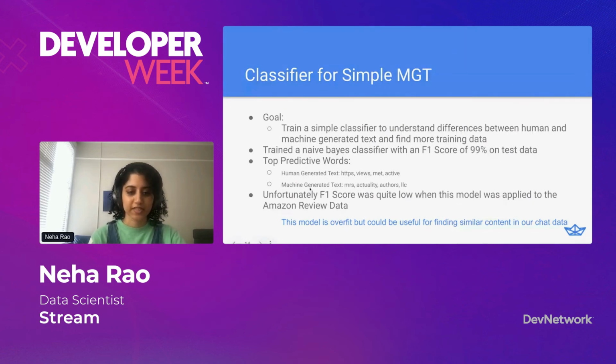For machine-generated text, the top predictive words are things like misses, actuality, authors, LLC. I think that LLC is really interesting. It seems like it's picking up on proper nouns, which is very interesting. The other words, once again, seem like it might be picking up on certain messages in the data set, so it could be overfit.